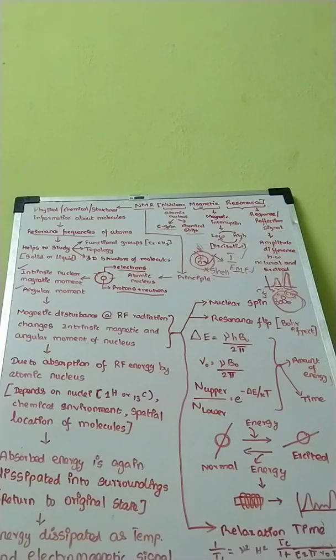This word amplitude you would have studied in your physics or chemistry during your undergraduate or school studies. Try to recollect it. Amplitude is basically the intensity of a signal that you receive from a substance or from an atom. This intensity may be studied in the form of sound or light or temperature, whatever it is, but it will be shown in the form of peaks.